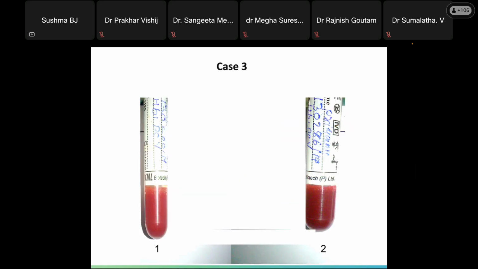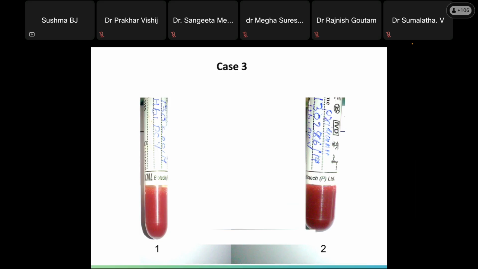So if you look at this case 3 again, we talk about automation so much, but still the sample collection errors are encountered, right? If you look at image number 1 and image number 2, we can see that there's a lot of difference in the color of the whole blood. When this patient's sample was given for hemoglobin testing, it showed around 8.